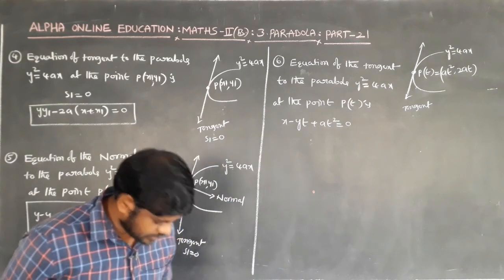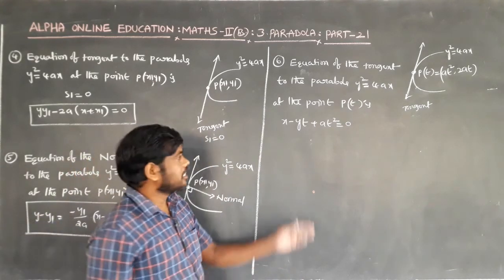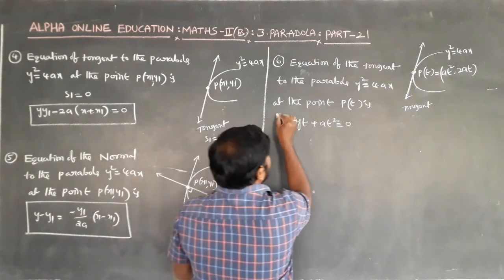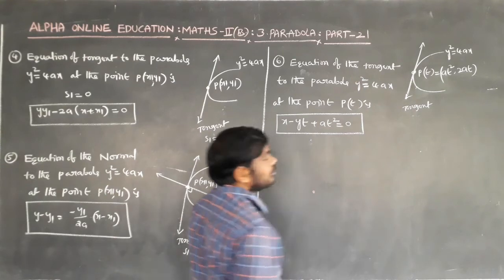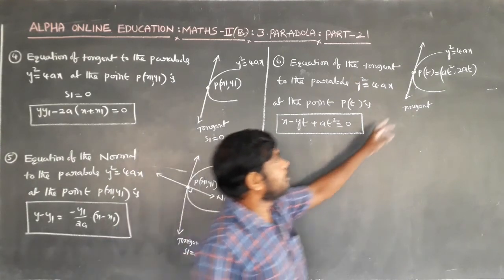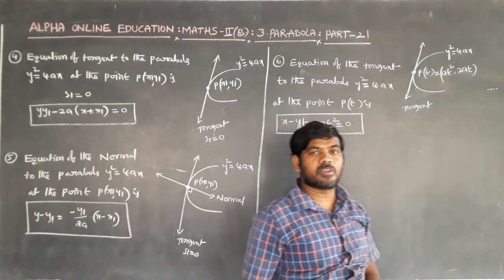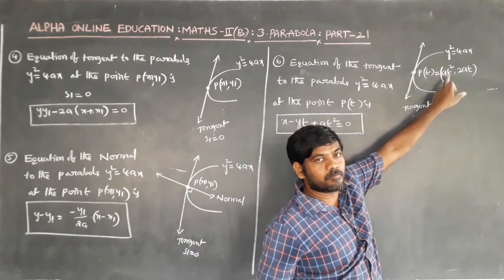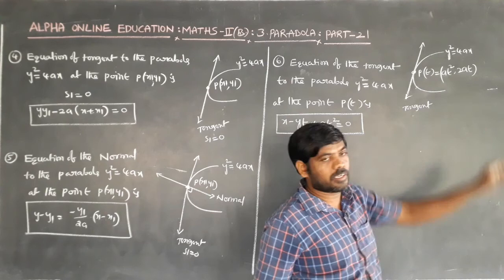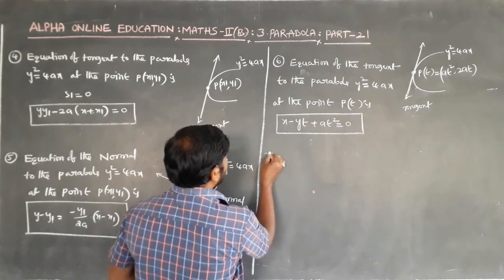X minus yt plus at square is equal to 0 is the equation of the tangent to the parabola y square is equal to 4ax at the point P of t. Here t means at square comma 2at.